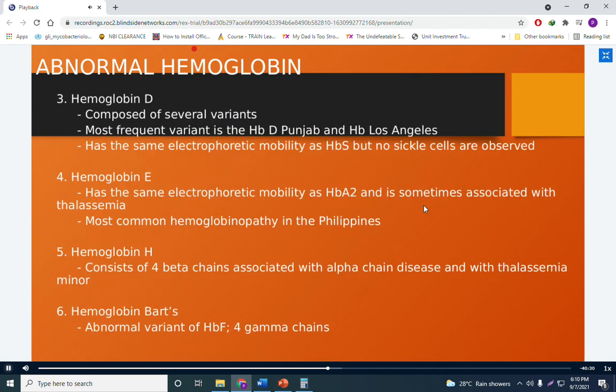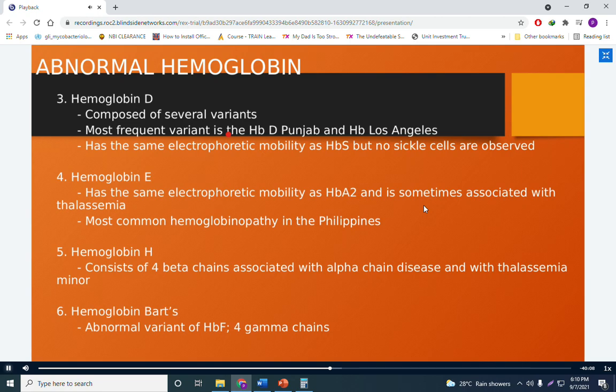Okay, so let's resume. Now, another abnormal hemoglobin class is your hemoglobin D. Now, your hemoglobin D class is composed of several variants. So, I'd like to take note class yung homework nyo. So, good job on finding those variants. It's nice to see na nag-research talaga kayo and you even take note of those variants.